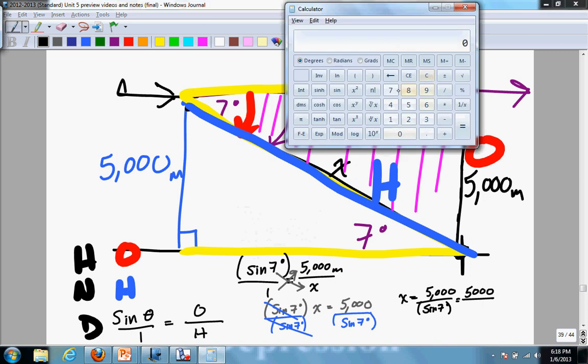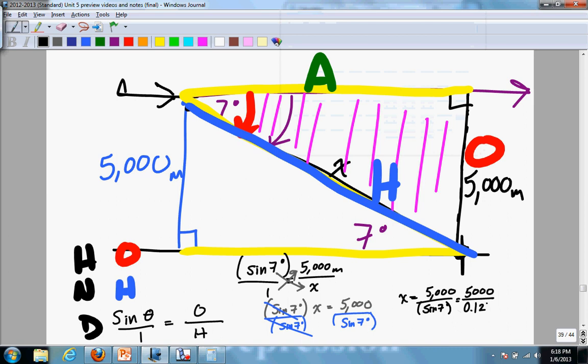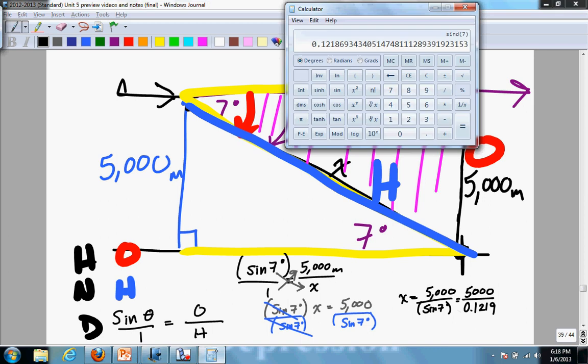Let's figure out what that is. So I'm going to put 7 and sine. That's 0.1219.